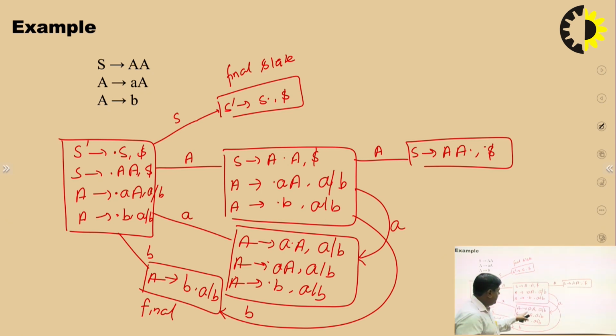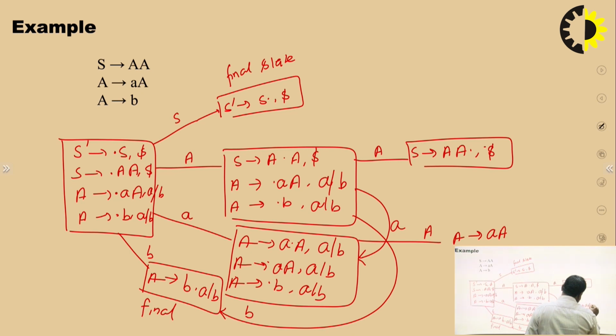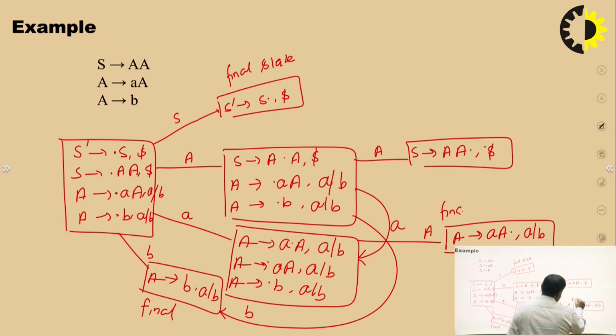Okay. Now we need to further explore for this production rule. Now, what is the output? A tends to A A dot, and what is the look ahead symbol? A and B. Now this is your final state. If we explore this one, A tends to A dot A, and what is the look ahead symbol?